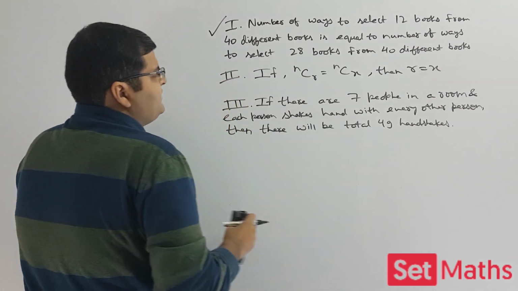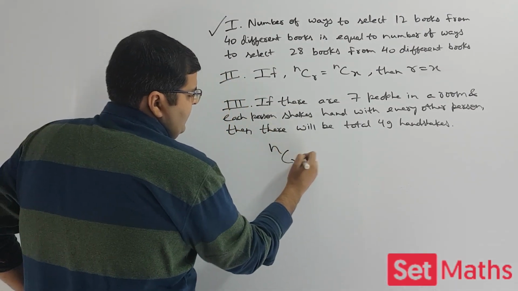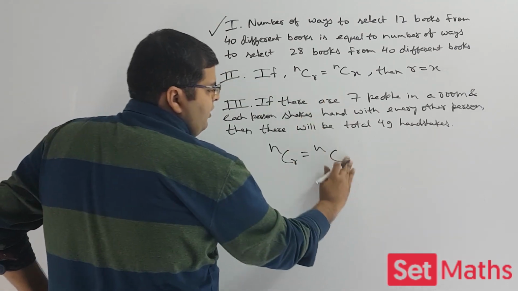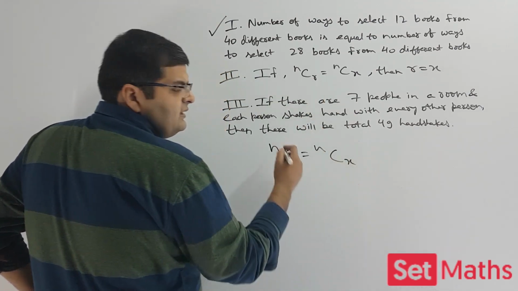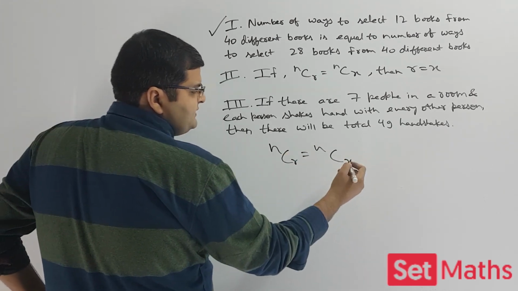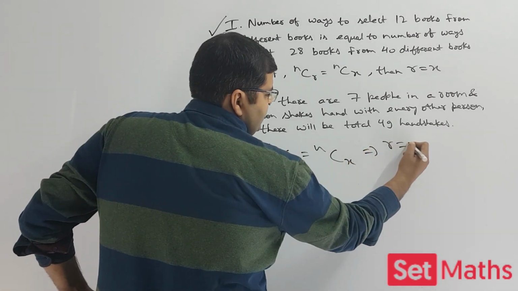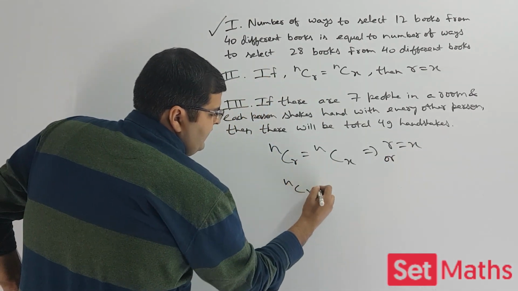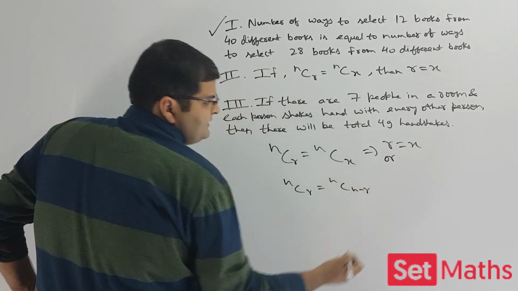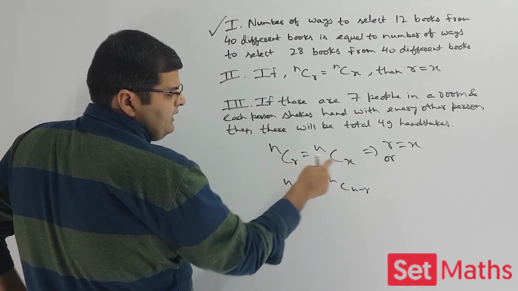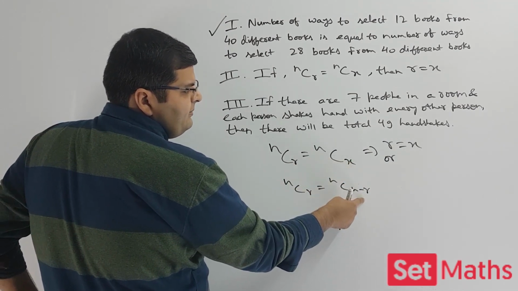Statement 2 says that if nCr is equal to nCx, then it is always true that r is equal to x. That can be the case, but that can also not be the case. If nCr is equal to nCx, then r can be x, or we know that nCr is equal to nC(n minus r), so x can be equal to r, or also x can be equal to n minus r.